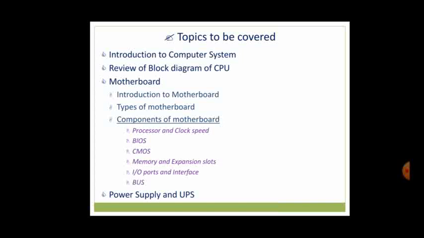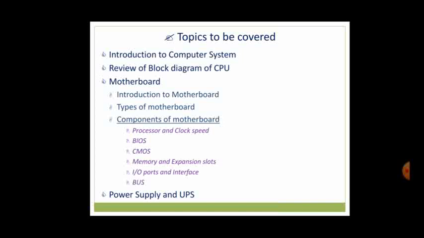Third topic is motherboard. This topic deals with what is motherboard, what are the types of motherboard and what are different components of motherboard. Fourth topic is power supply and UPS. There are two types of power supply required for the computer to prevent from system shutdown.